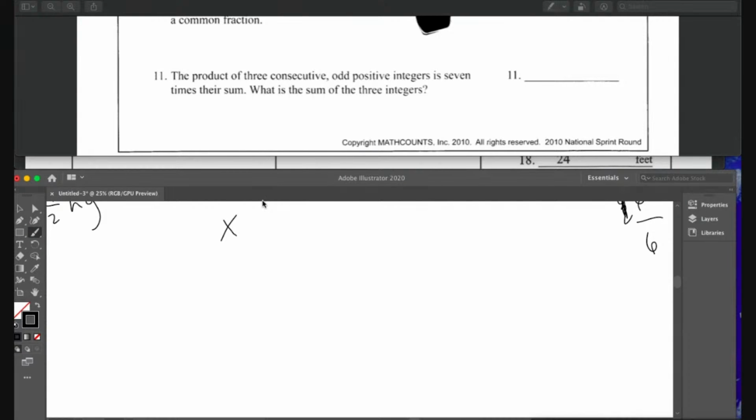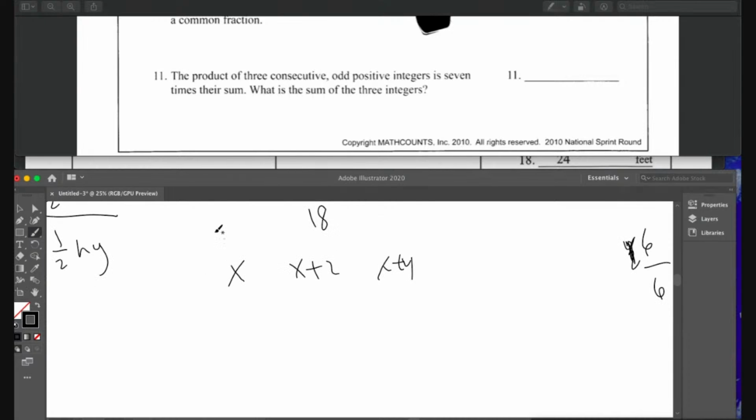If they're consecutive and odd, each next integer is 2 higher, and the product of all three is going to equal 7 times their sum. Their sum is 3x plus 6.